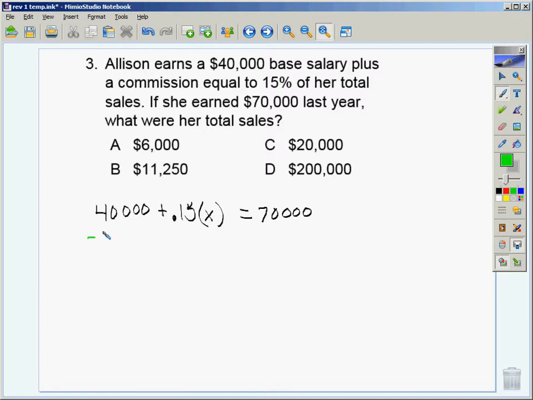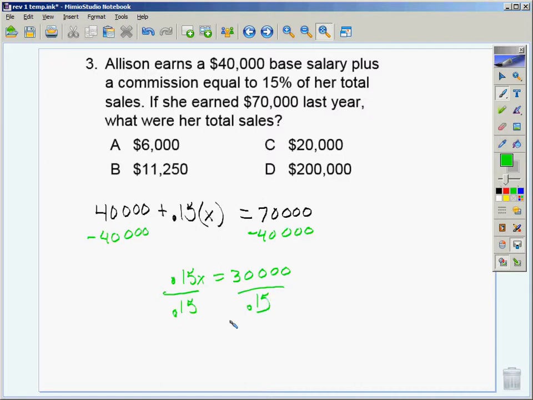If I subtract 40,000 from both sides, it's going to leave me 0.15x is equal to 30,000. And I divide both sides by 0.15.